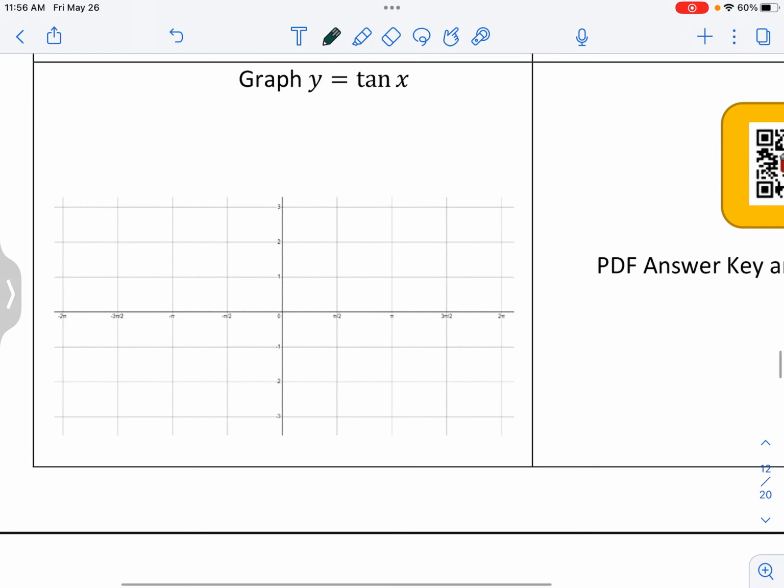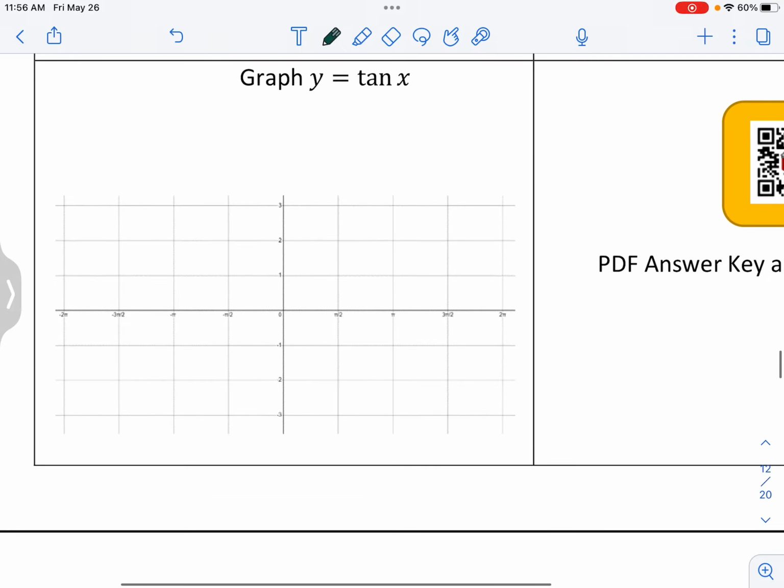Tangent graphs don't happen very often at all in calculus, but they could occur, so let's just remember the basics of them. A basic parent function tangent graph goes through (0, 0). But remember, at pi halves, 3 pi halves, and so on and so forth, we have these vertical asymptote lines, meaning tangent does not cross over those.